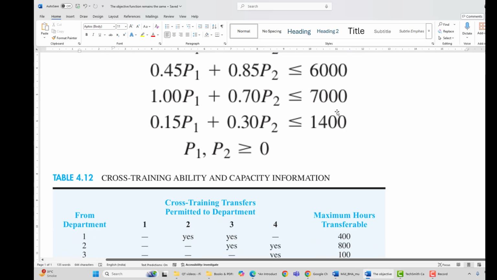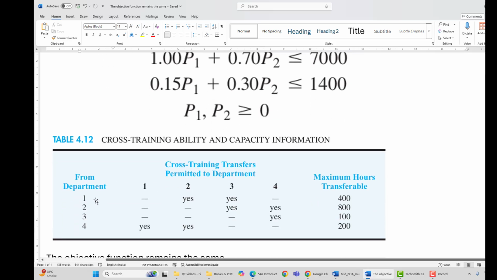If you look here, for department 1, what is coming is from 4 to 1. Whatever is coming in, you have to look at the columns. So this one is coming to 1, so T41 will be added, and what is going out is T12 and T13.